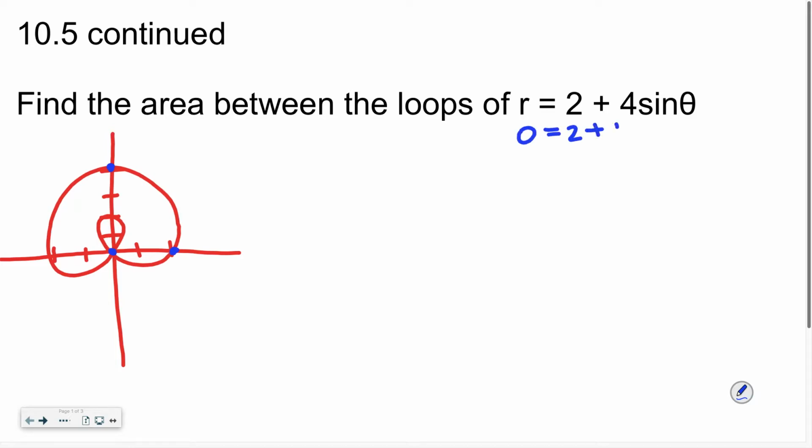Guys, I gotta say it's 7 pi over 6 to the left. Sorry, that was a little loud. Okay, well, since everyone knows the answer now, thanks Caleb. So the sine of theta equals negative 1/2 at 7 pi over 6 and 11 pi over 6.